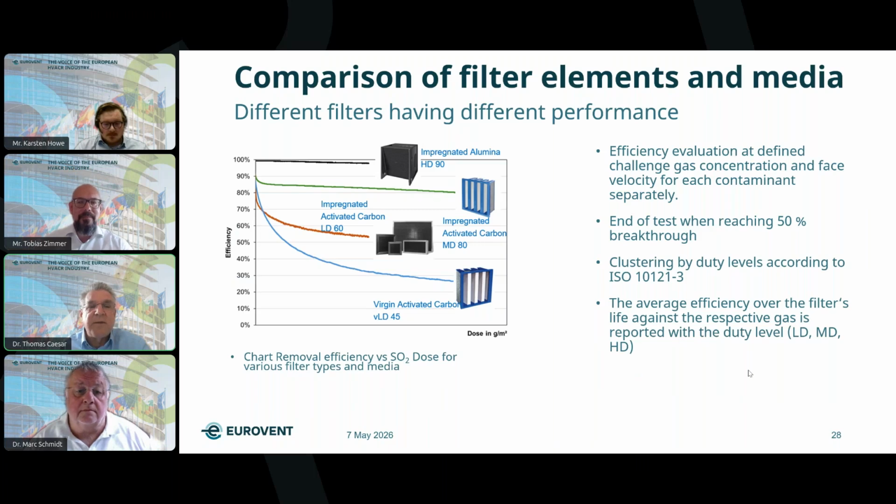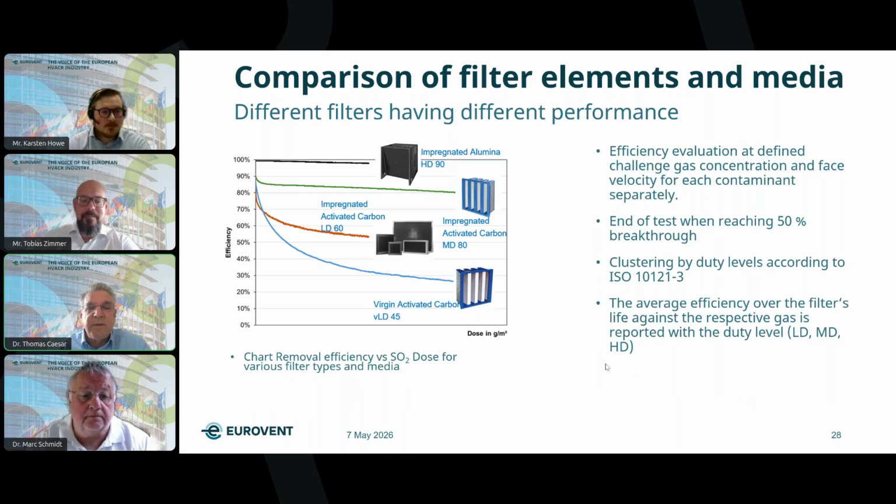In this example, you see one filter with a deep bed of pellets inside, so quite a large amount of adsorbent, and obviously that also gives a high lifetime and high capacity.